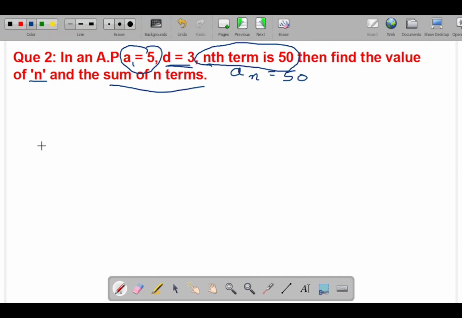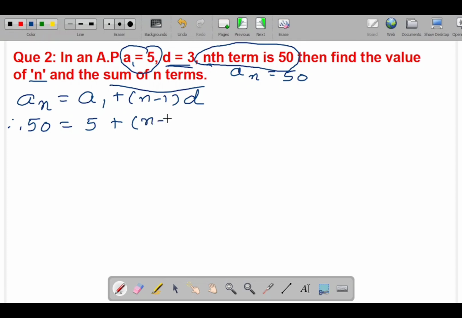Yes, we go ahead and first calculate an. So an equals a1 plus (n minus 1) into d. This is the formula where an, we know it is 50, which equals 5 plus, we don't know the value of n, so it will be as it is, (n minus 1), and d is given as 3. First of all, we can take this 5 to the left hand side.